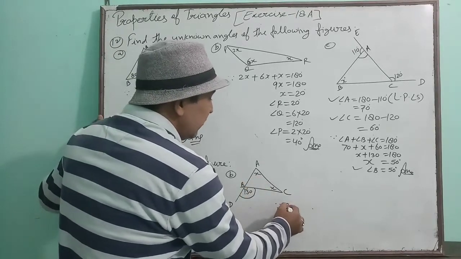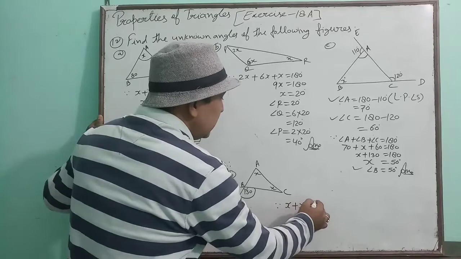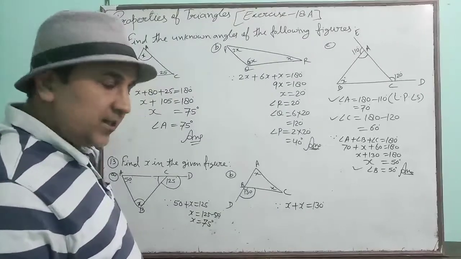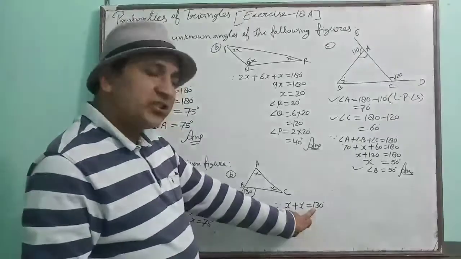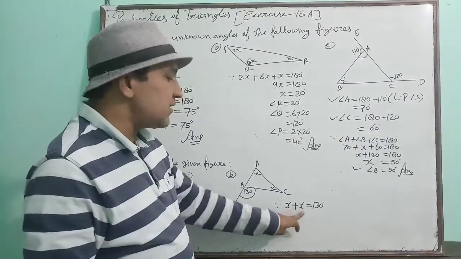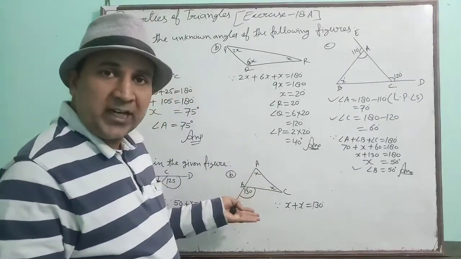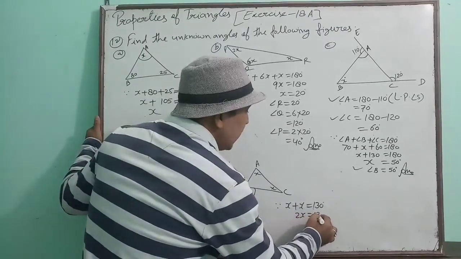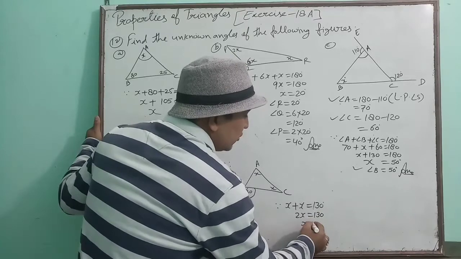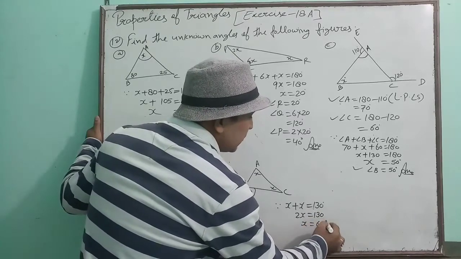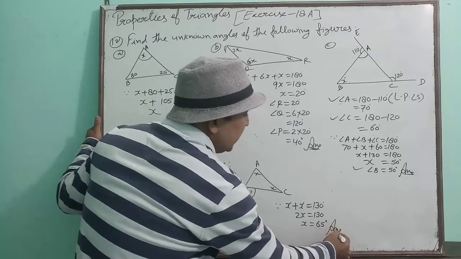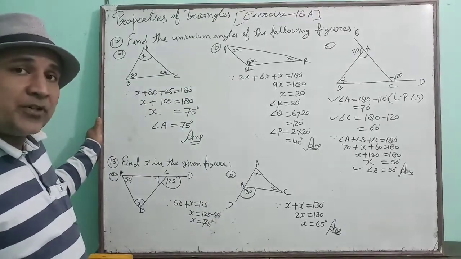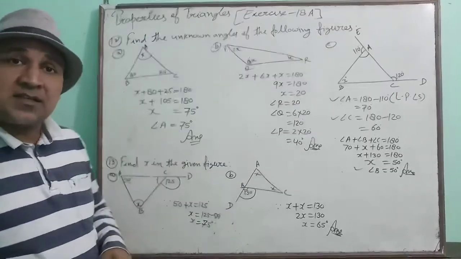That means x plus x is equal to 130 degree, because 130 is the exterior angle and these two x are interior opposite angles. Now solve. x plus x is 2x. 2x is equal to 130, then x is equal to 65 degree. Okay? Learn the property and make these questions easy.